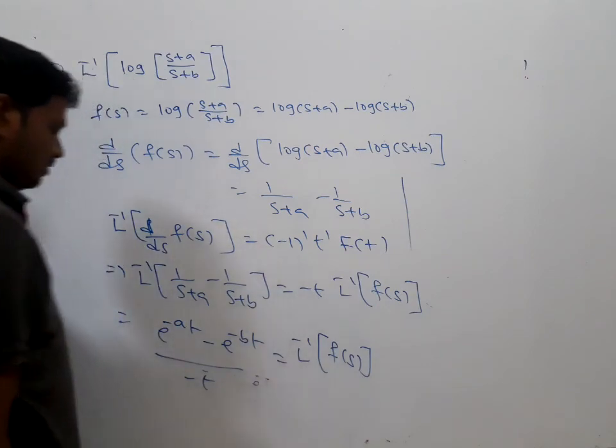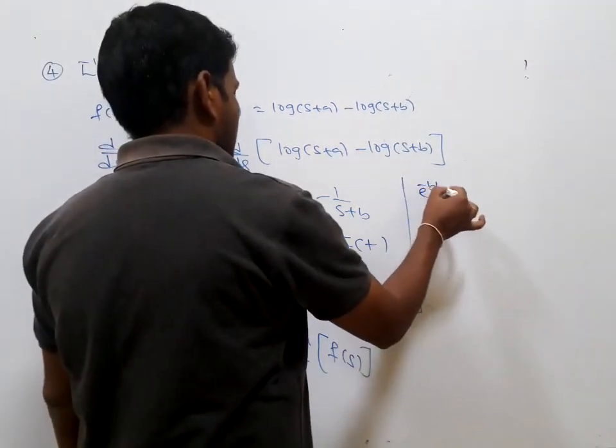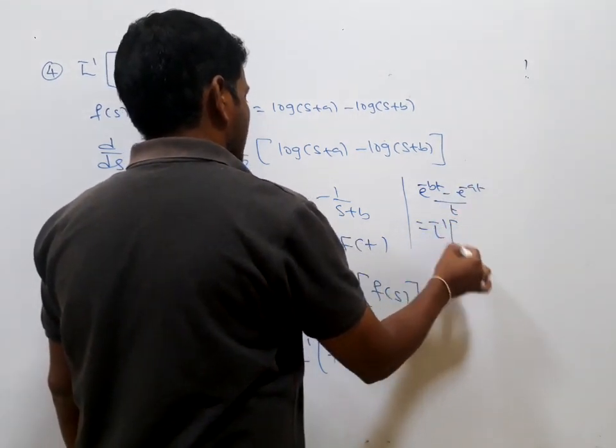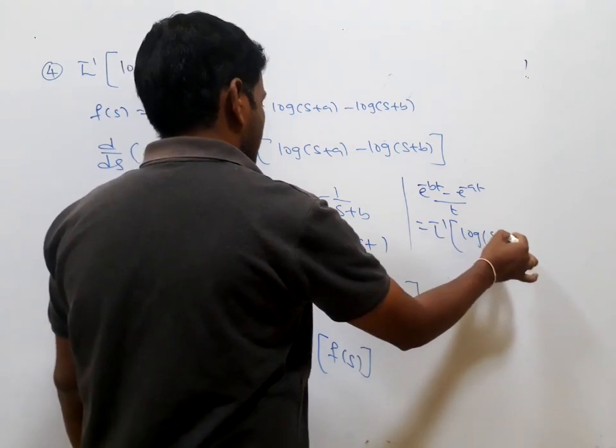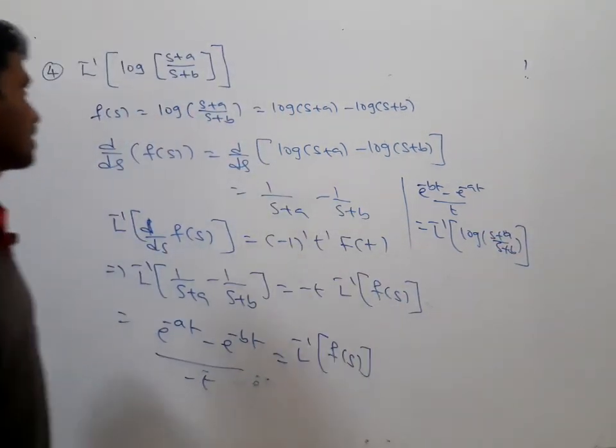So finally, taking minus t common, e to the power of minus bt minus e to the power of minus at, by t, is equal to L inverse of log of s plus a by s plus b. This is the evaluation process.